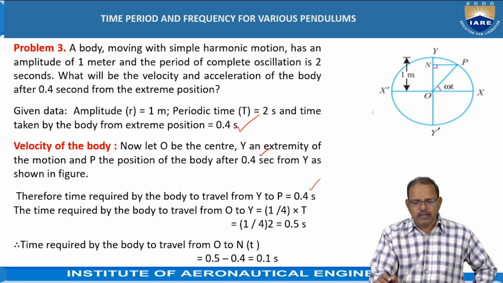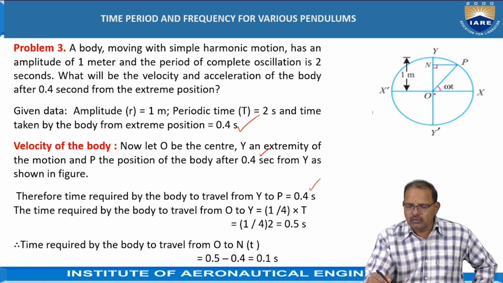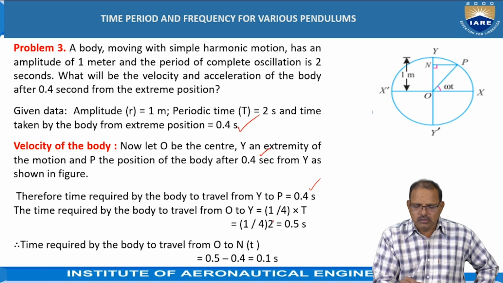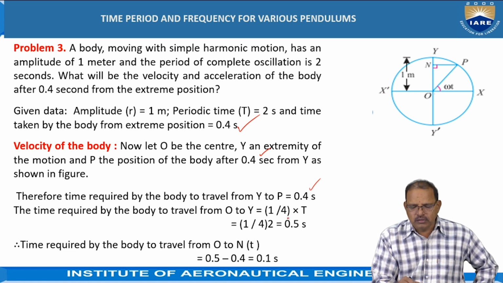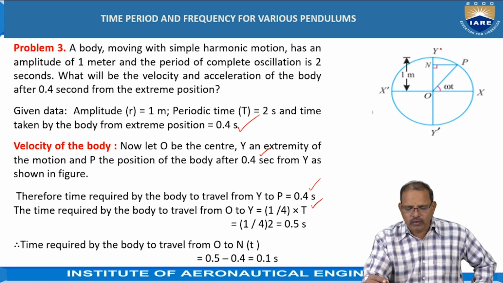The time required by the body to travel from O to Y is equal to 1/4 multiplied by the time period, because a complete oscillation is Y to Y dash and back again to Y. But here we are taking O to Y, hence it is 1/4 of its time period.